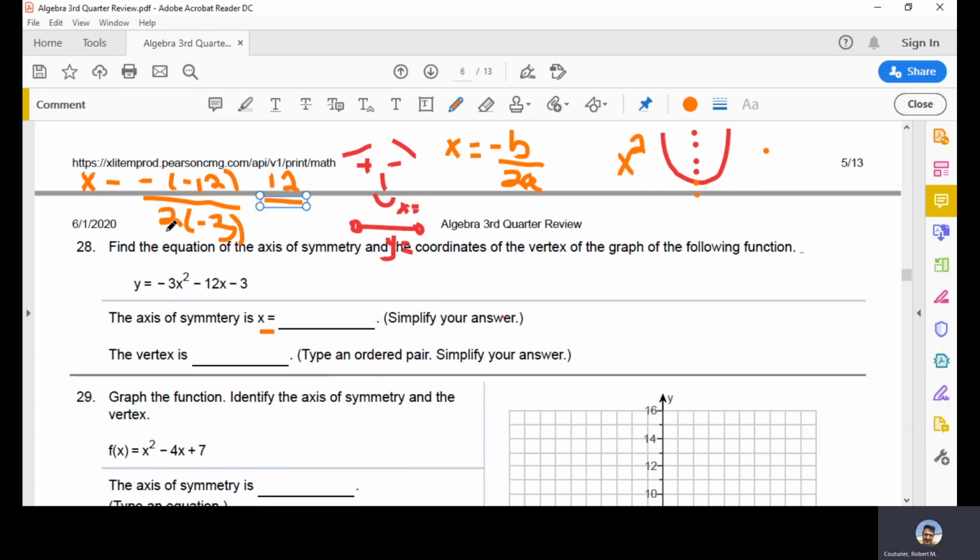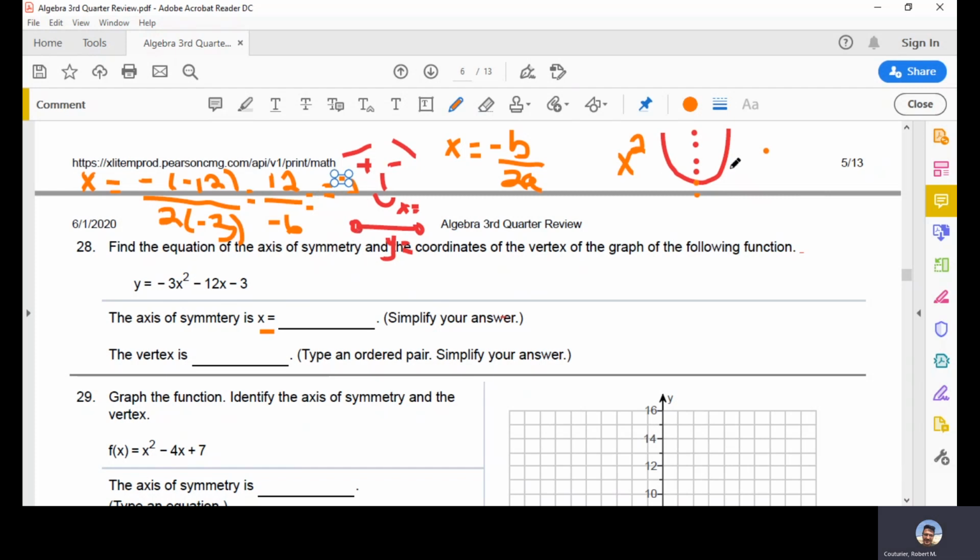Okay, and then 2 times negative 3 is a negative 6. So x equals this, and we have to reduce it one more time. A positive divided by a negative will give us a negative number, and 12 divided by 6 is 2.